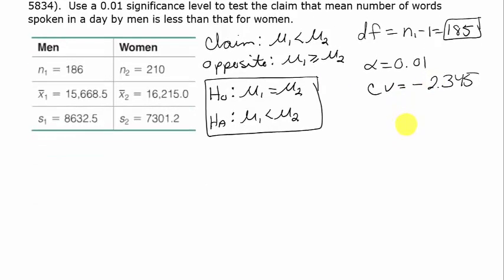So now we need to calculate our test statistic. The formula is t equals x bar sub 1 minus x bar sub 2. And in the formula, there's really the subtraction of the population means, but that's assumed to be 0, so you don't even need to write that in there.